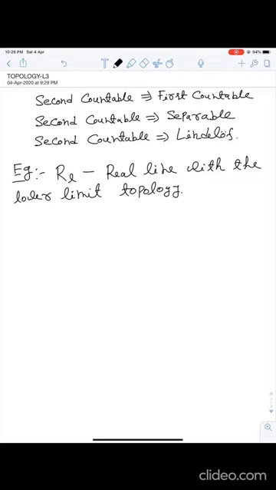Now first of all we shall show that this is first countable. Now claim: RL is first countable. Okay, that means for each point we have to find one basis at the point x, right?